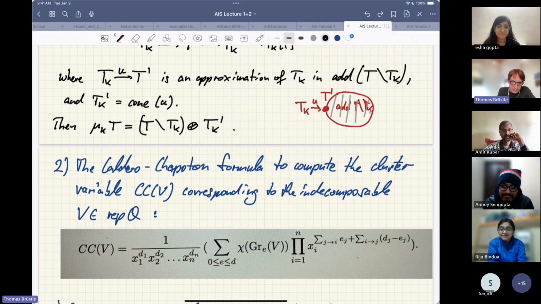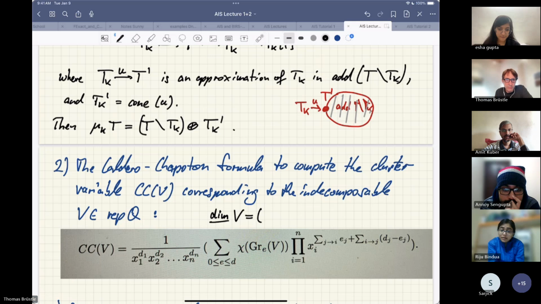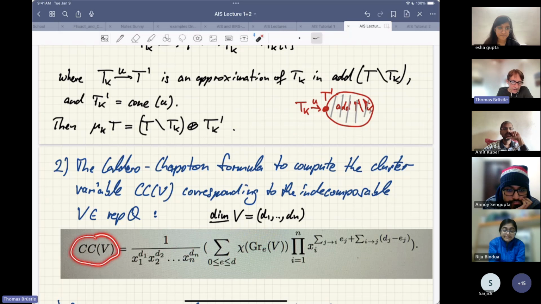Let me just introduce: V has a dimension vector. This is the pointwise dimensions of this representation. Let's call them d1 up to dn. Then how do I compute the cluster variable which corresponds under this bijection to the indecomposable representation V? The cluster variable is going to be a Laurent polynomial, some polynomial divided by a monomial.